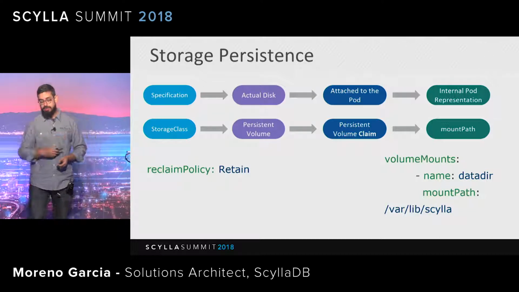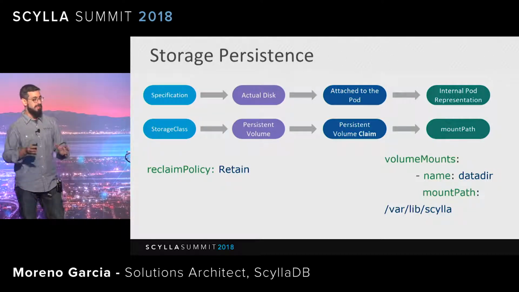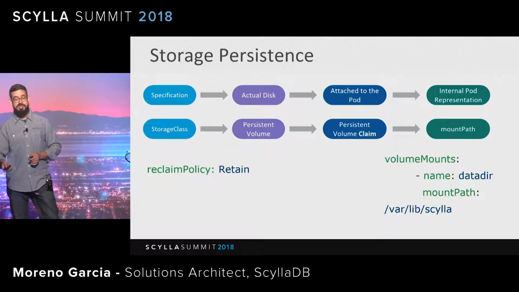So going back to disks, as I mentioned, the storage class is kind of the specification of the disks that you have available for your Kubernetes cluster. On the third step, you see that there's the persistent volume claim.